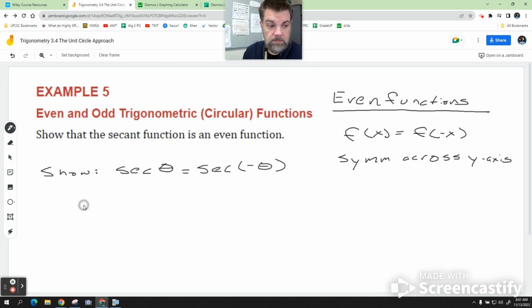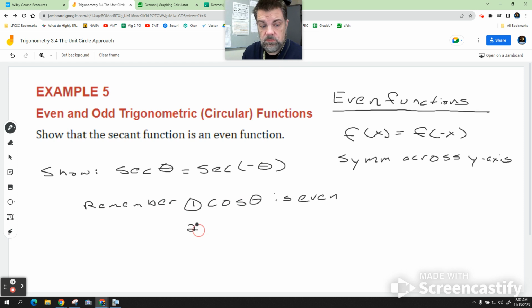Well, remember, cosine of theta is even. Okay, so that's the starter. Also, secant of theta is equal to 1 over cosine of theta.